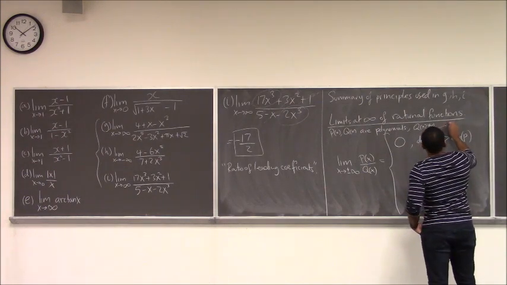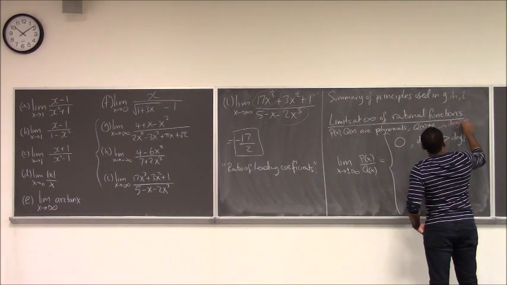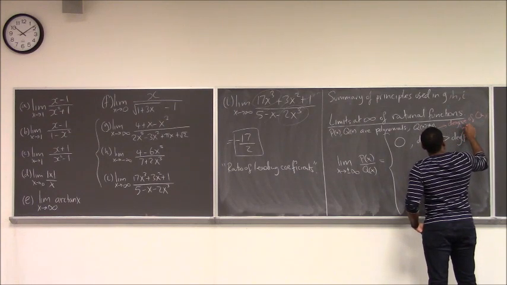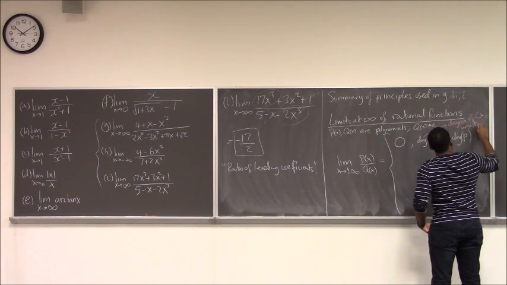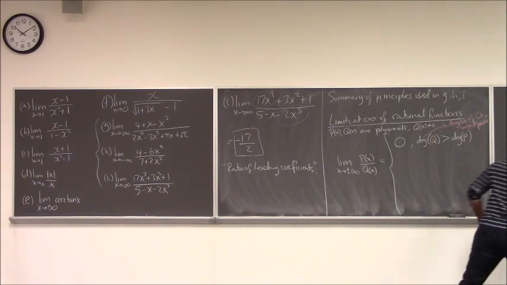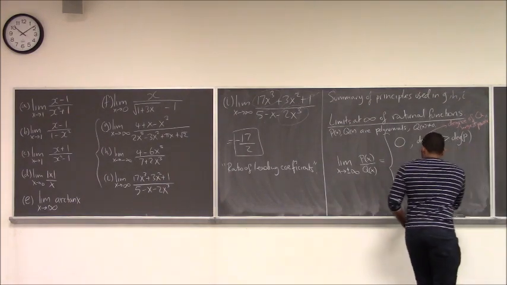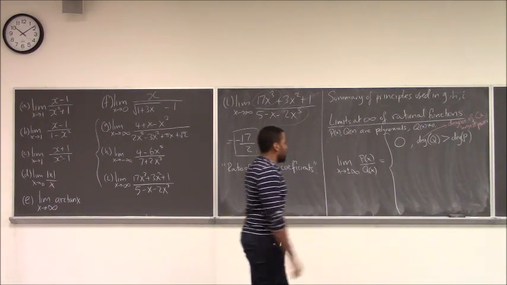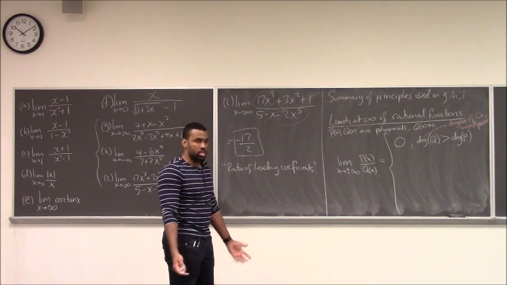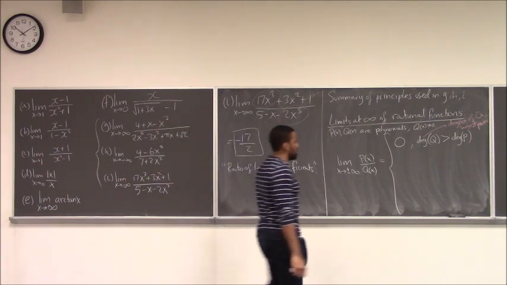This is the degree of Q. This is the largest power. So if you're faced with a limit that looks like that, you notice that the highest power is on the bottom, the answer is going to be 0. And it's bottom heavy.